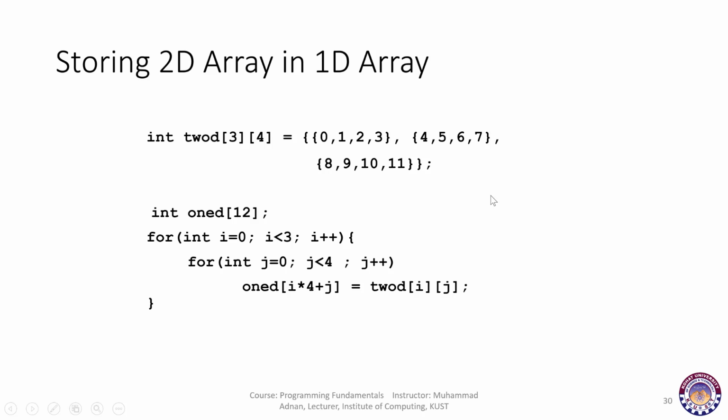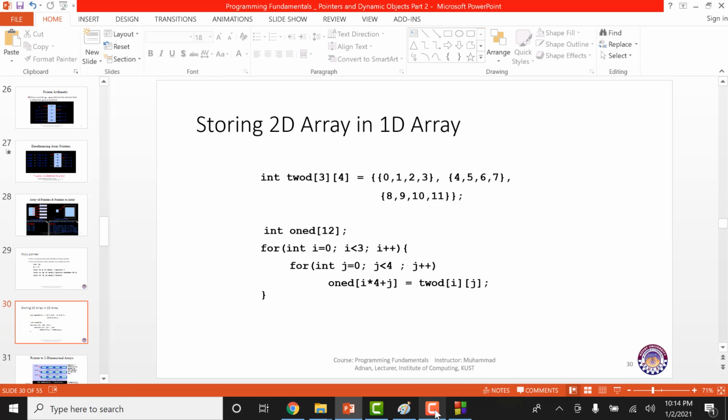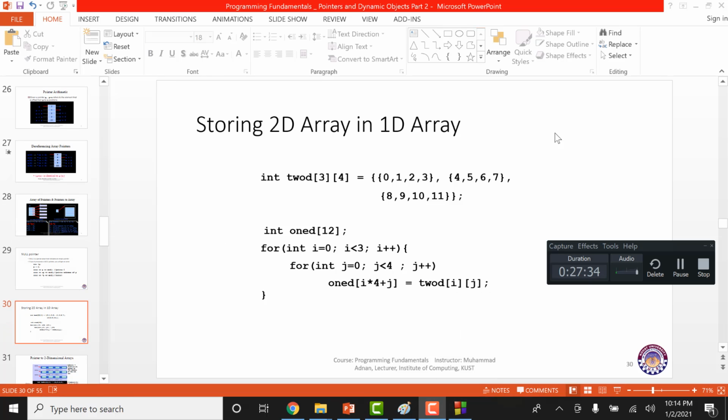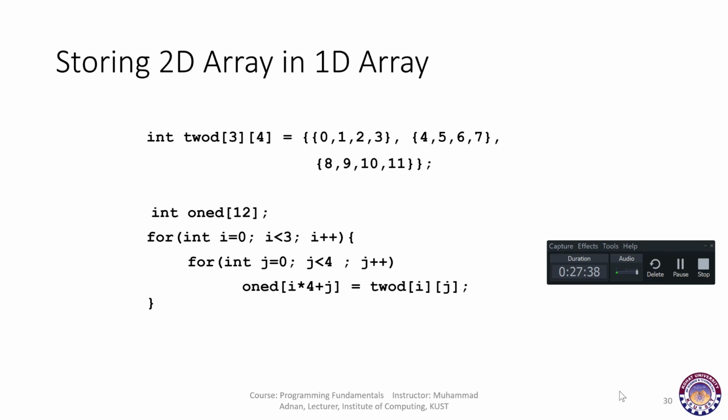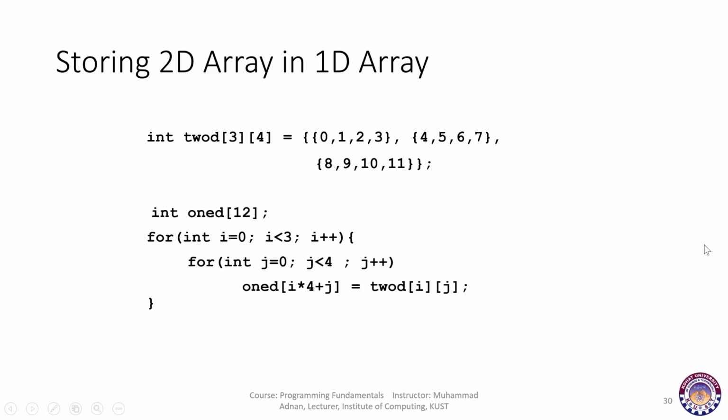Okay, we can copy a 2D array into a 1D array using pointer variables, but I'm going to, okay, see the time. We still have 3 minutes. Okay, we have this two-dimensional array. We are going to talk more about arrays in future lectures, but here we declare a two-dimensional array having 3 rows and 4 columns.